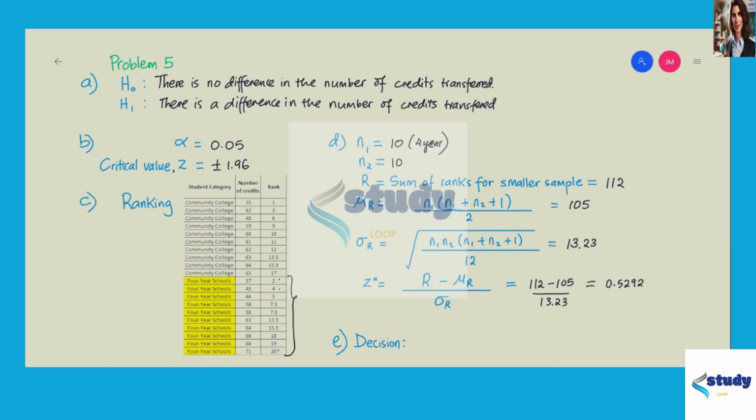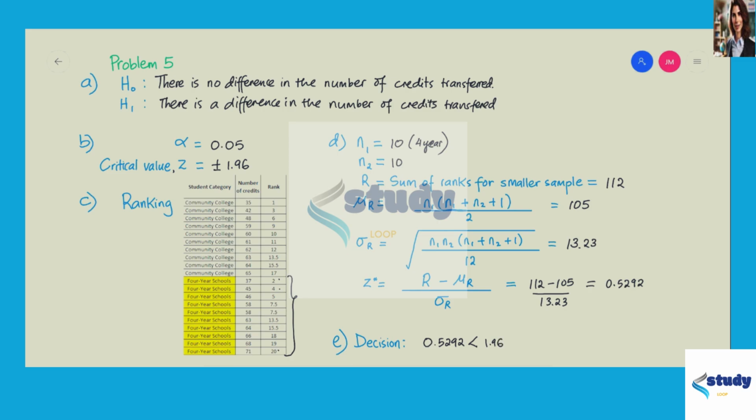Now we can compare the calculated value of Z to the critical value, and we see that our calculated value of Z, which is 0.5292, is less than the critical value, which is 1.96.